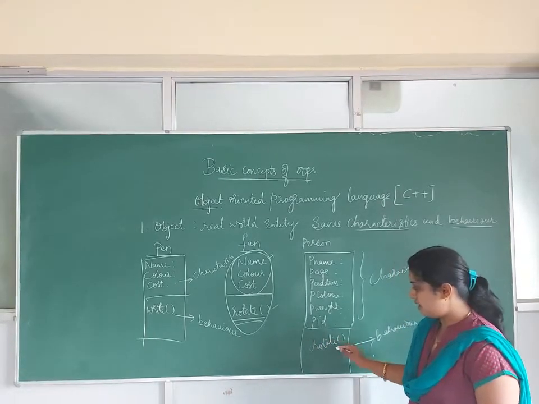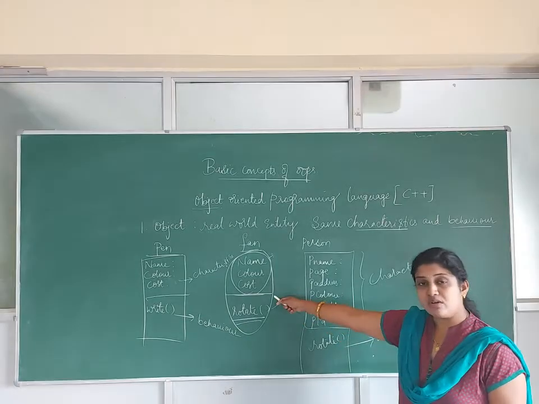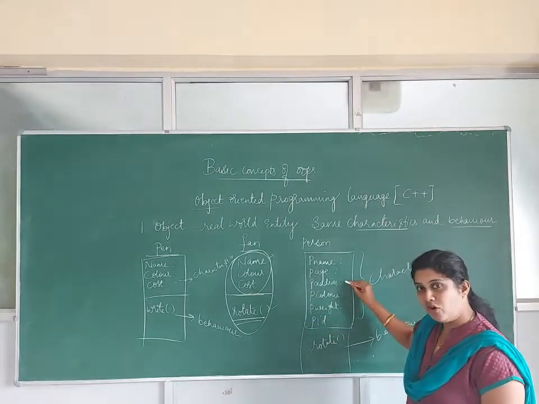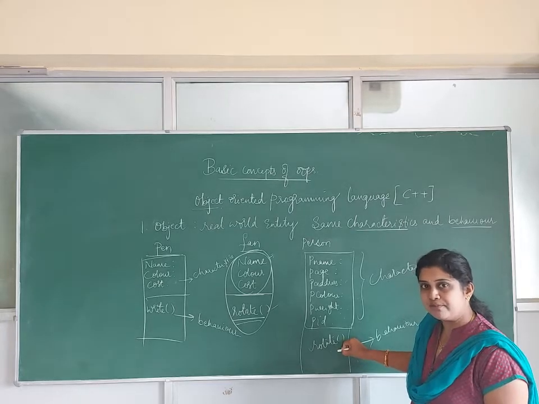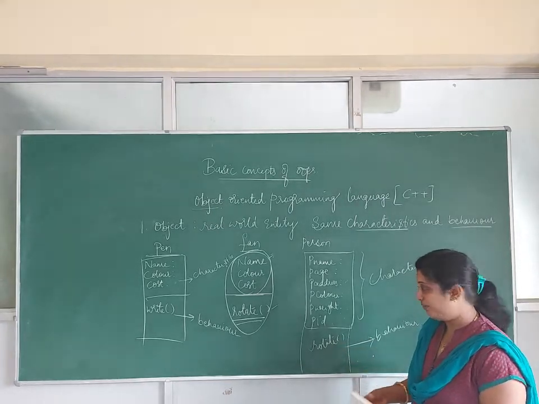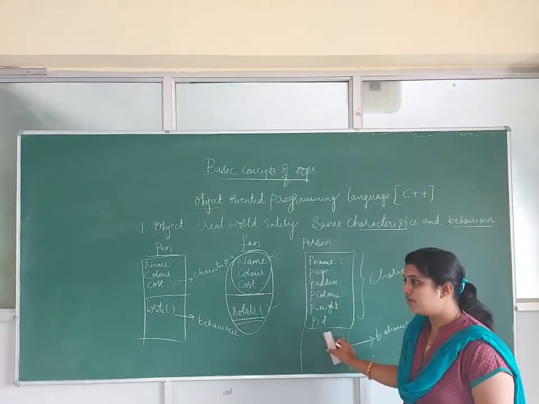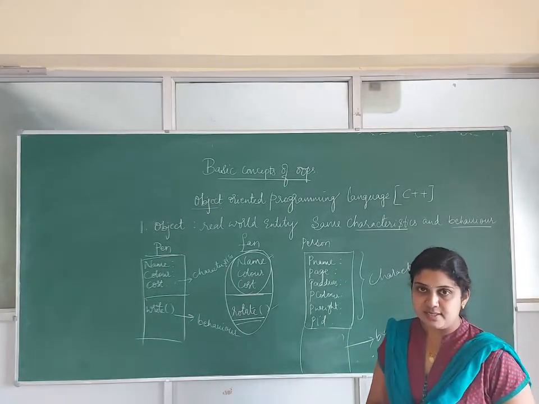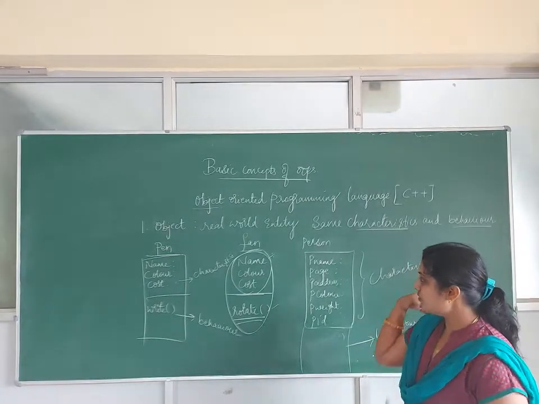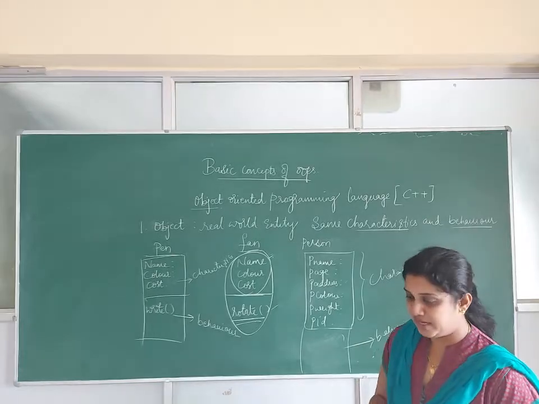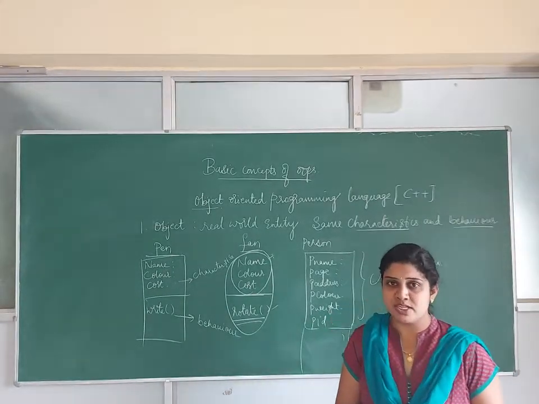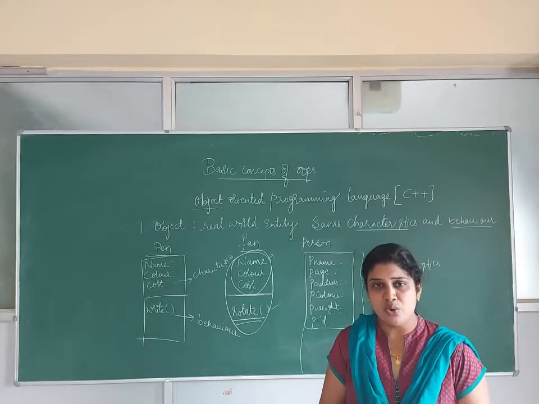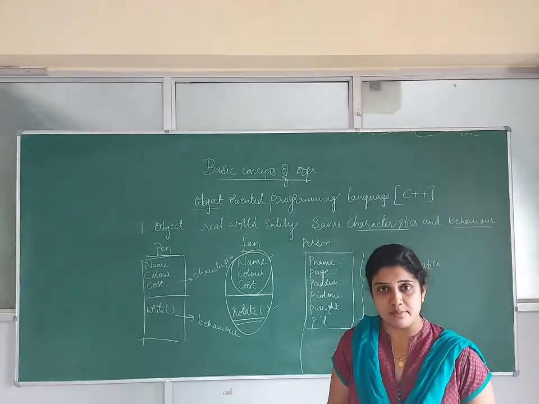I cannot take a rotate function, which is not related. Here I have taken common characteristics, but my behavior is not related to this one. So whenever you are grouping, you have to take common characteristics and behavior.